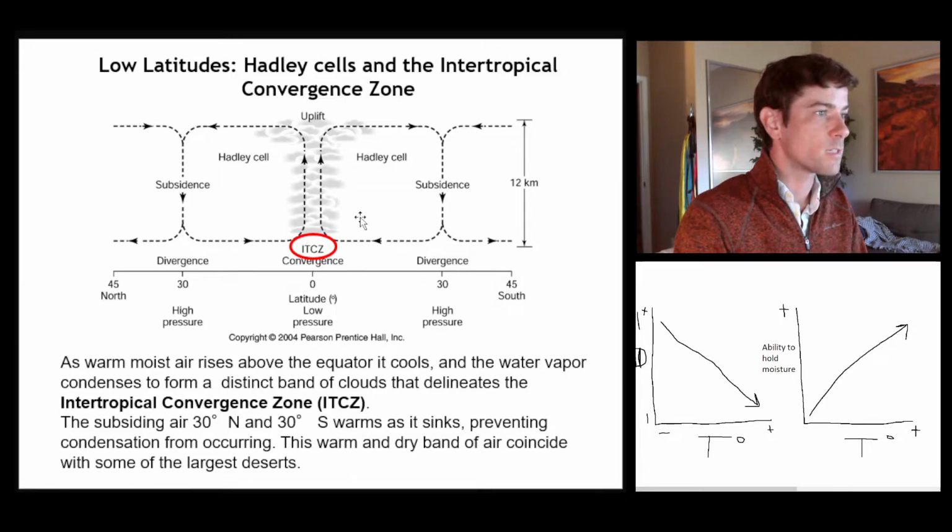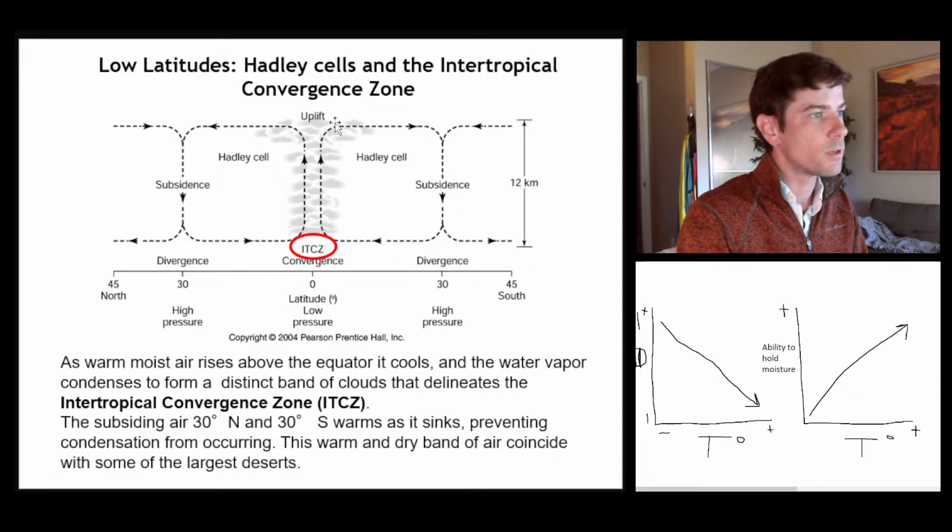If we focus on this bit, it's coming back towards the Intertropical Convergence zone under the influence of a pressure gradient, right? Because it's cold, dense air here, or colder, denser air here, and it's warmer, lower density air here. So the air moves from 30 degrees north and 30 degrees south toward the equator, toward the Intertropical Convergence zone, okay, where that cycle repeats itself.